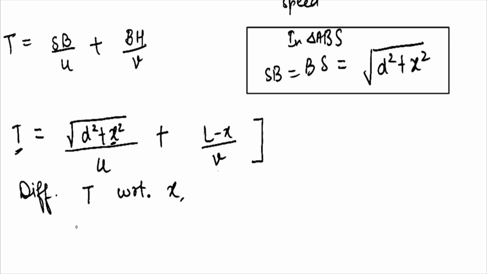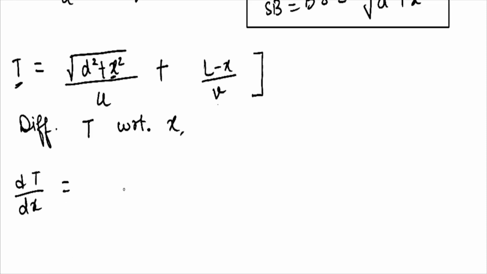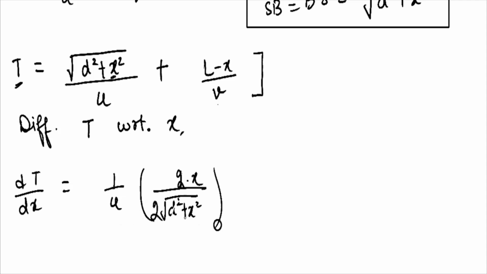So this will give dt by dx is equal to, now the derivation, 1 by u as it is, and the derivation of under root d square plus x square will be 1 upon under root d square plus x square into 2, and by chain rule the derivation of x square will be 2 times x. Now this is 1 by u times this, and the 2 and 2 will cancel.